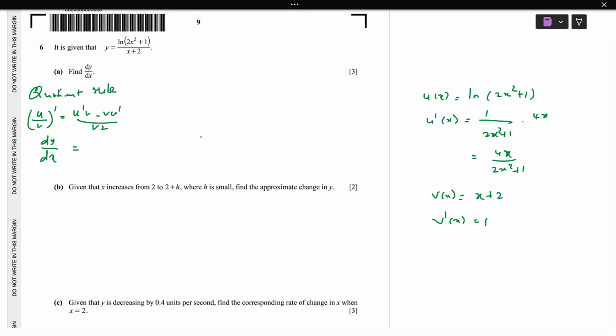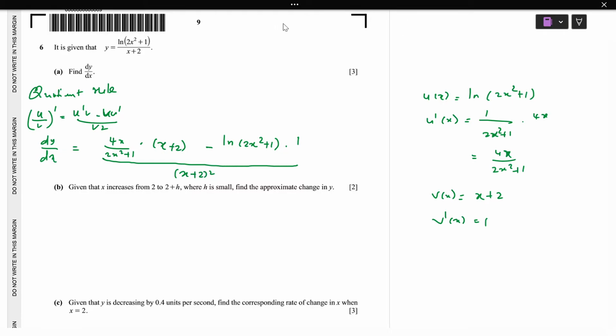So I'll substitute what I've done. u dash is going to be 4x over 2x square plus 1, into v. v is x plus 2, then minus u into v dash. u is the natural log of 2x square plus 1, into v dash. v dash is going to be 1 over v square, so that is x plus 2 whole square.